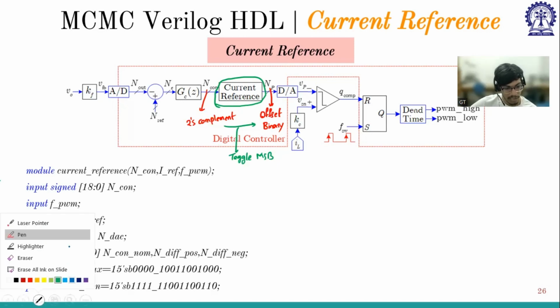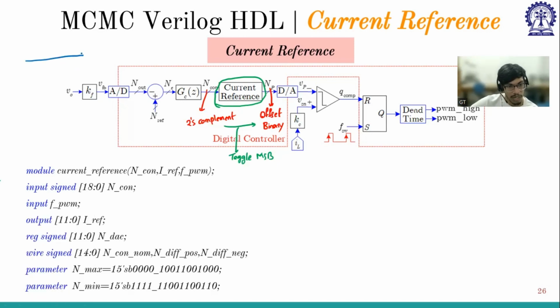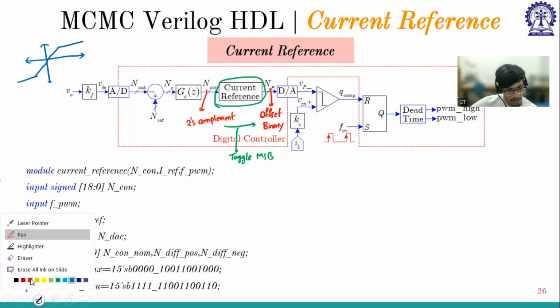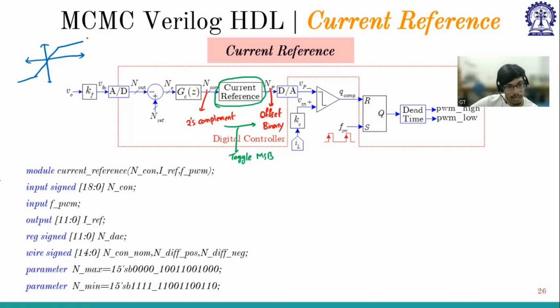The other thing is, as this is a current mode control, it needs safety, right? So we can put a saturation block like this. If the current crosses the limit, it will be saturated at N max and at N min. So we are putting the ncon saturation limits because it is current mode control.